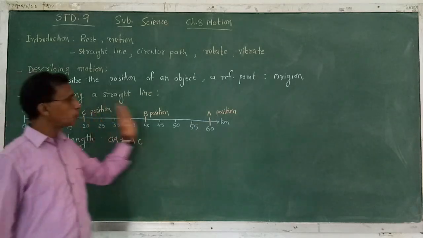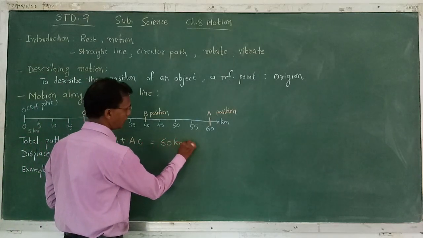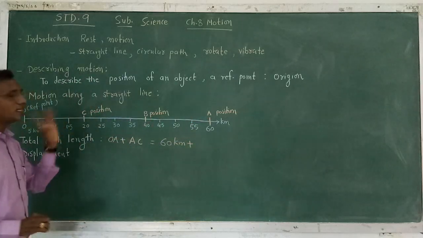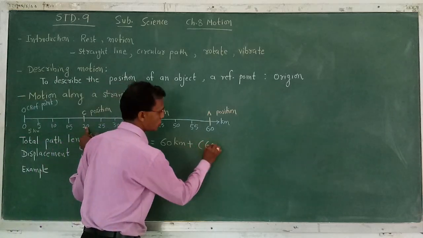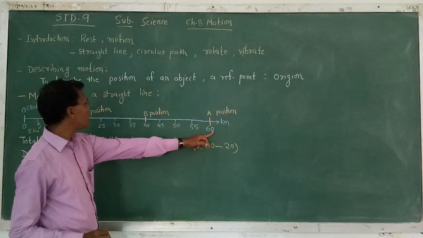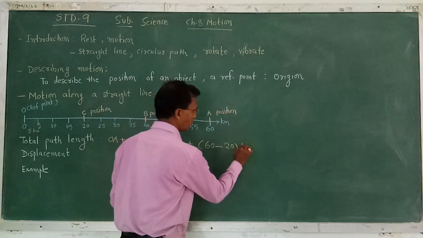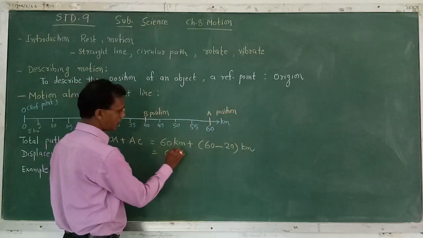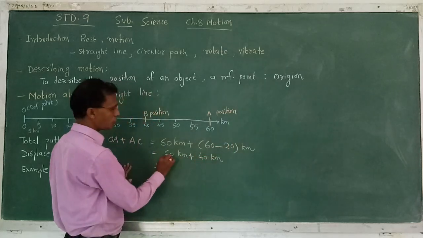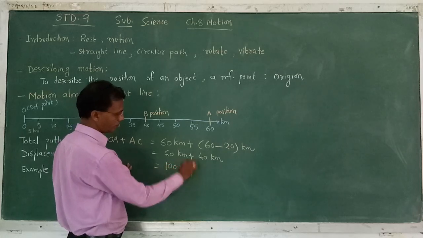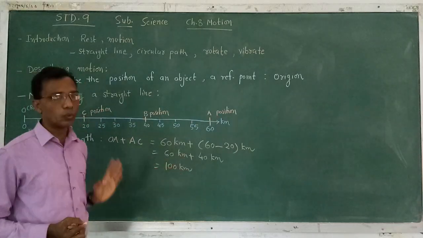The O to A distance is 60 km, plus the A to C distance, which is 60 minus 20: A position 60, C position 20. So 60 minus 20 is 40 km. So 60 plus 40 is 100 km. The total path length covered by the object is 100 km.